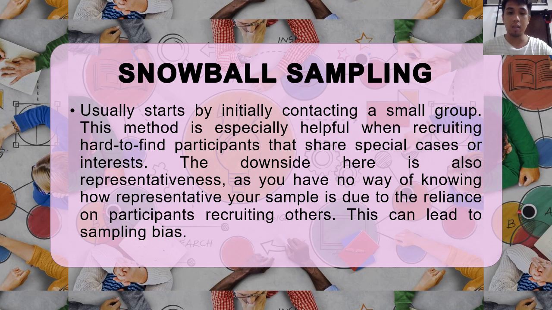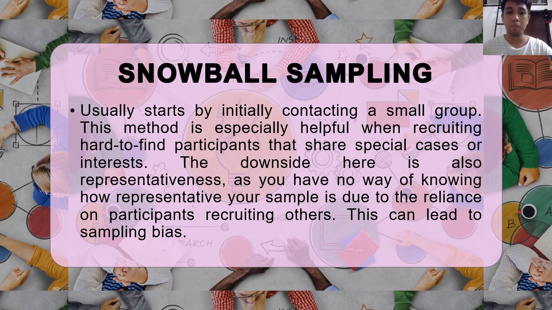participant in our study. Let's say, for example, that our target respondents are people who collect old coins and paper bills. After we identify a respondent or participant, we can then ask them if they know someone that is doing the same thing as them.